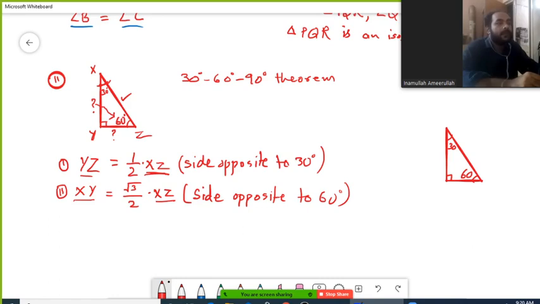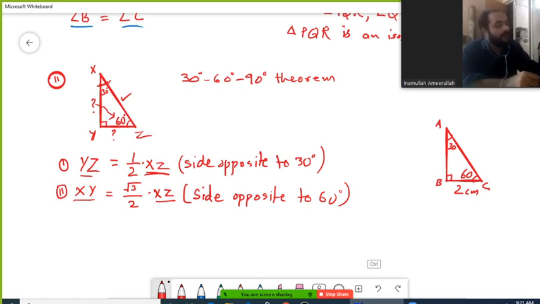Now the name of the triangle is ABC. If BC is of 2 centimeters, find out the length of AB and AC.